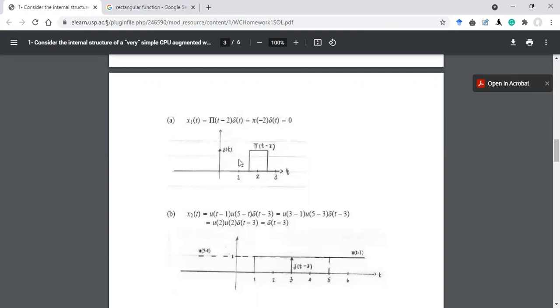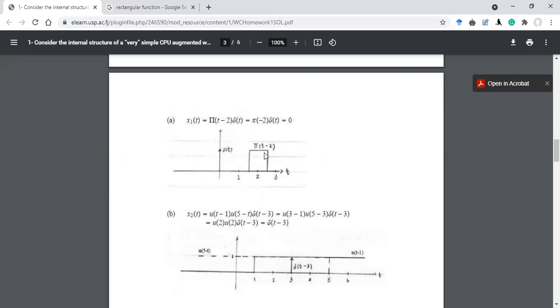You can see these two functions are not even overlapping. At t equal to 0, we only have a value for the delta function, while the rectangular function has no value. So 0 times 1 is 0, and all this other side is 0 times 0.